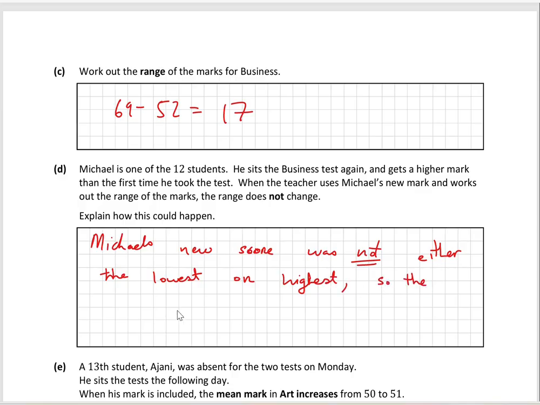So the range didn't change. So in other words, it was somewhere in between. Okay, so that's really all you have to say there. You don't have to come up with the numbers. It doesn't change because Michael's wasn't at the highest grade, didn't get higher than the current highest, or didn't get lower than the current lowest. All right, so that's D.